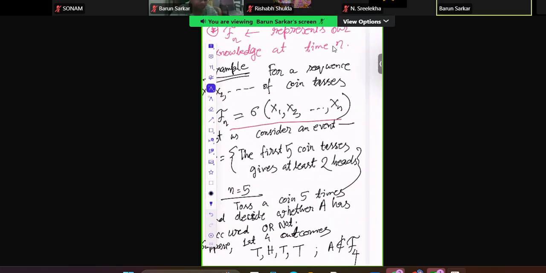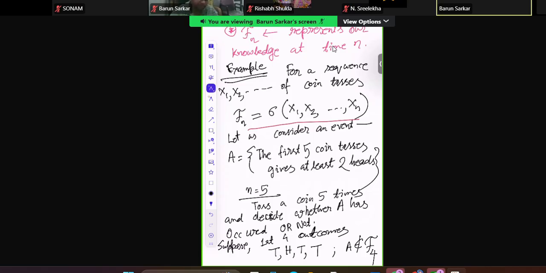You are not tossing the coins together. You are tossing the first coin, second coin, third coin. It means that you are tossing a single coin first time, second time. It's the same, right? And you note the outcome.